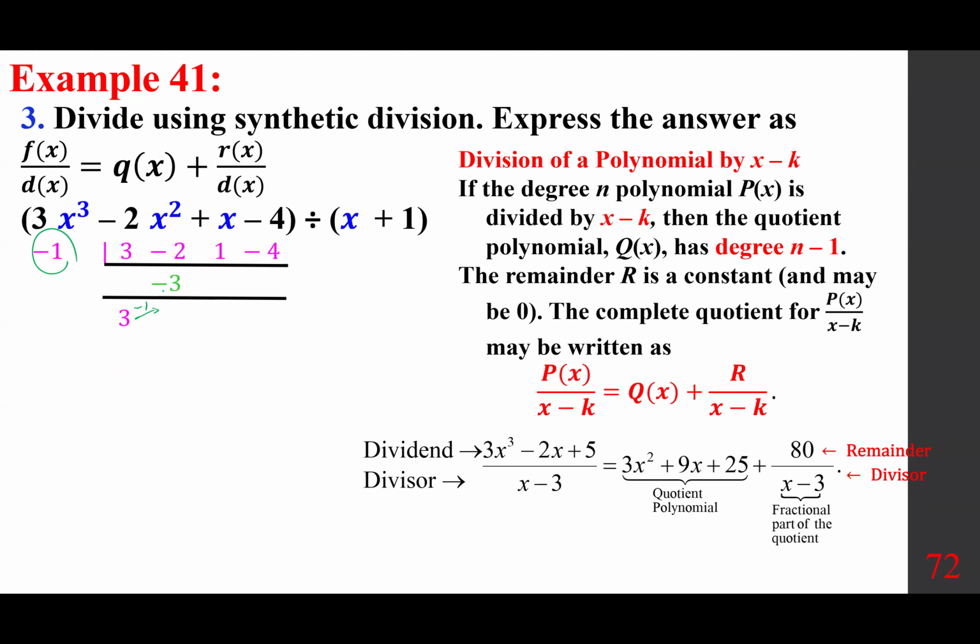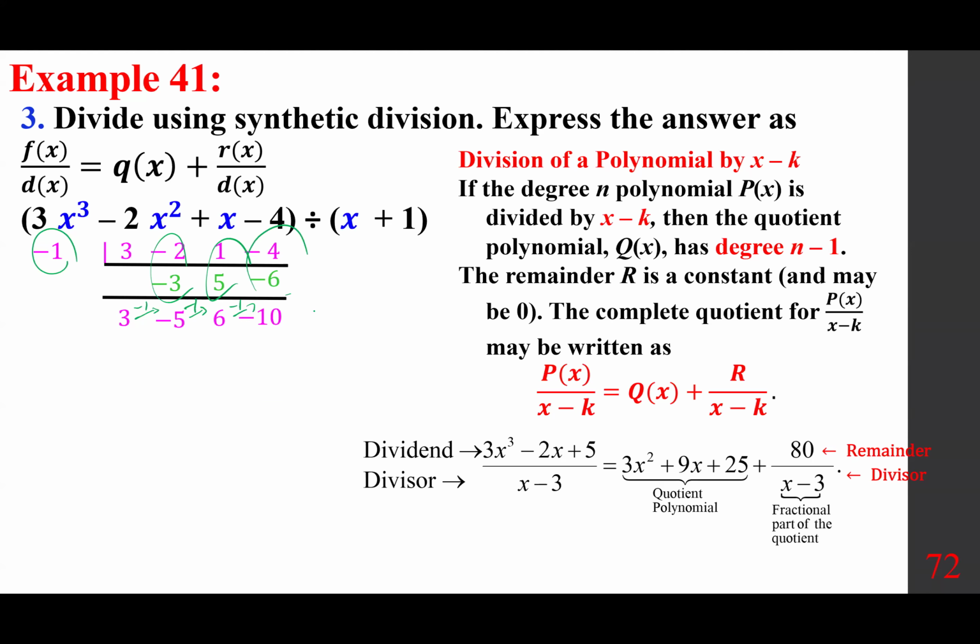You get negative 3. You add these two, you get negative 5. You multiply by negative 1, you get positive 5. You add them up, you get 6. You multiply by negative 1 again, you keep on multiplying, and you get negative 10 when you add them up.